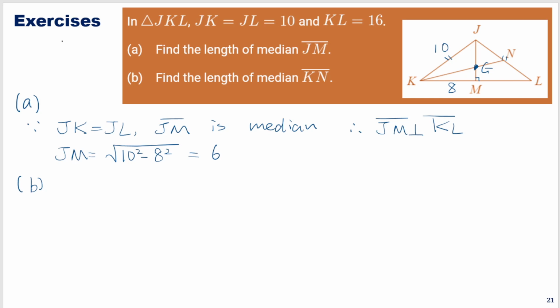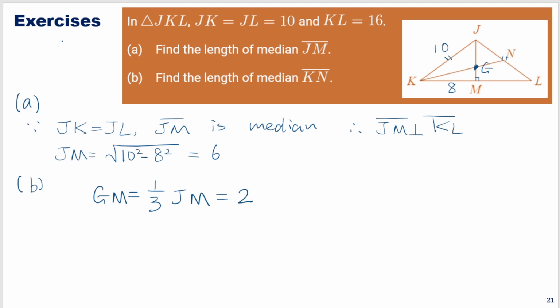It's not obvious how to get KN, but we do have right triangle KGM to use, with which we can find KG first, right? Since G is a centroid of the triangle and JM is a median, we know GM should equal 1/3 of JM. That's one of the properties of the centroid, right? Which gives us 2.